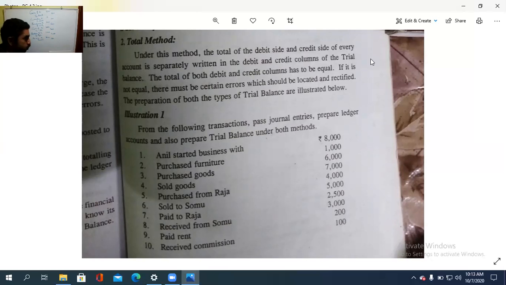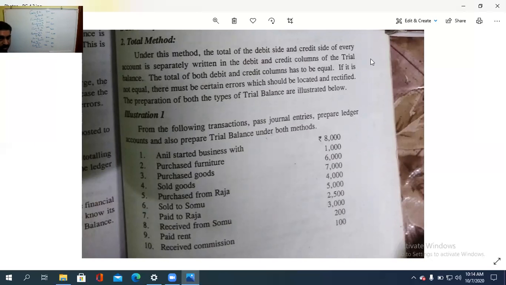Then paid to Raja. Rajaike paisa koduthu. So Raja debtor to cash. How much is it? 2,500. Then received from Somu. Somu the kitty. So what is received? Cash is received. Cash debtor to Somu. How much is it? 3,000.